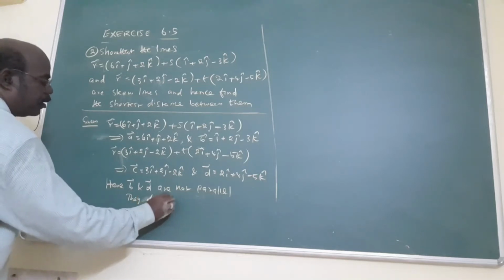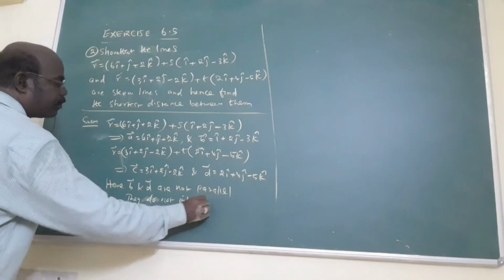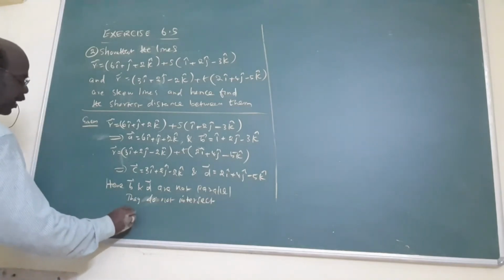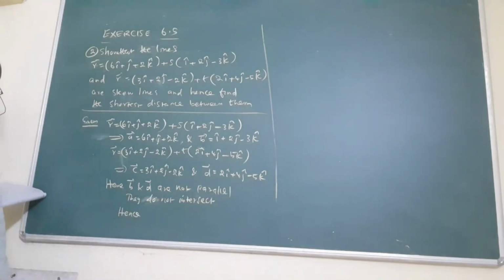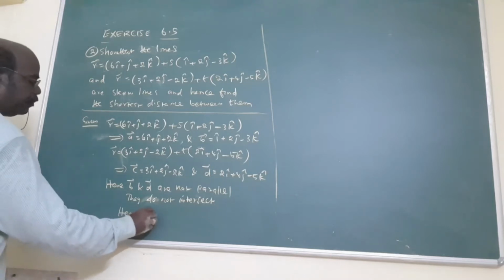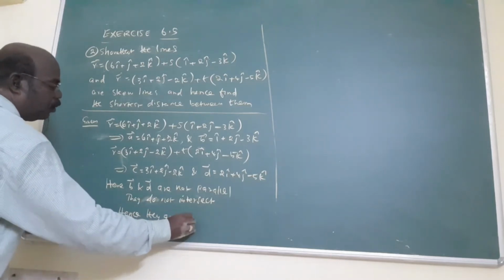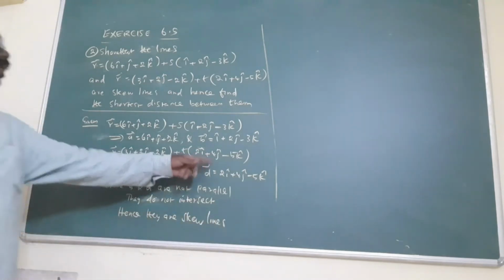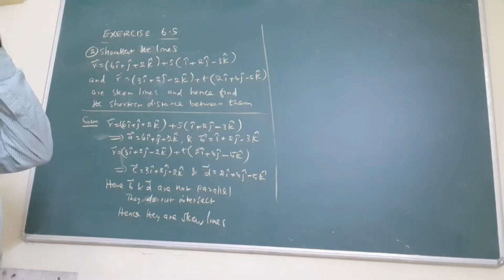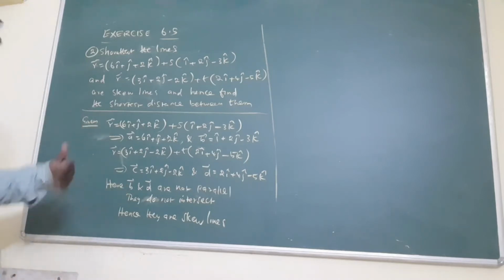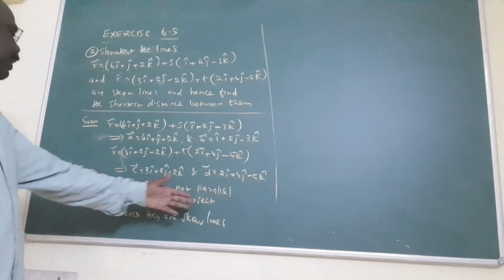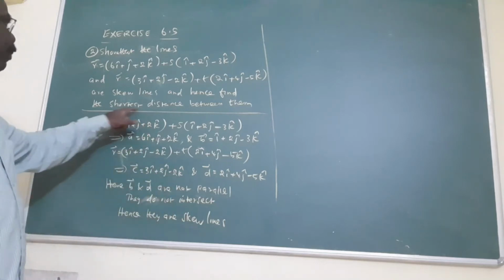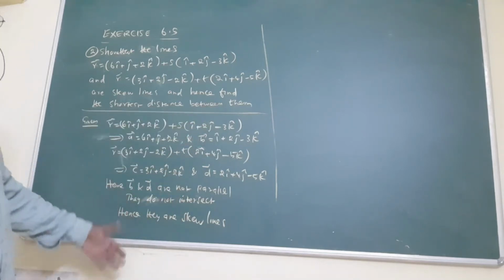Therefore they are not intersecting, hence they are skew lines. That's important. Suppose B and D are parallel, then we use the parallel formula. But here they do not intersect, so they are skew lines, and we use the skew lines formula.